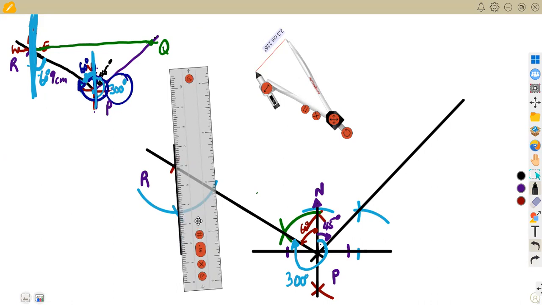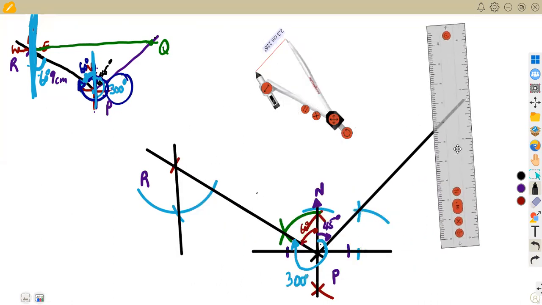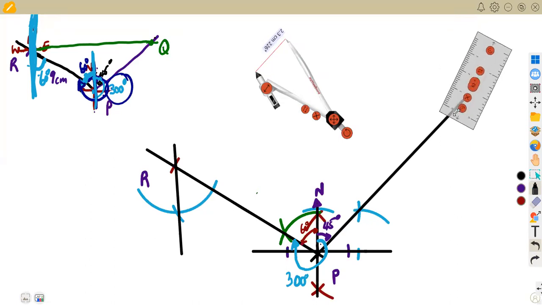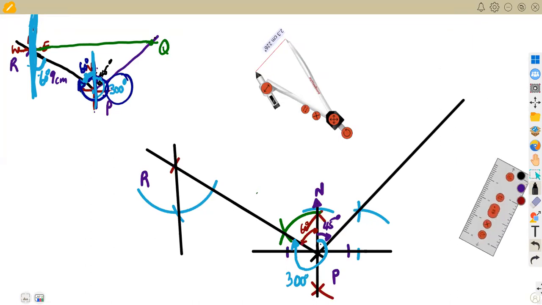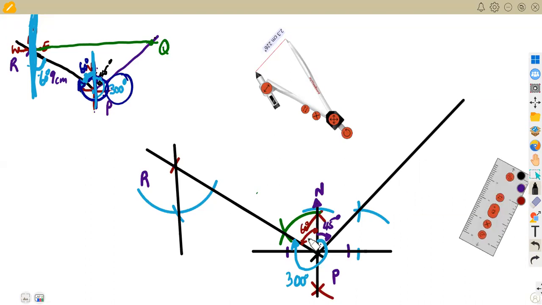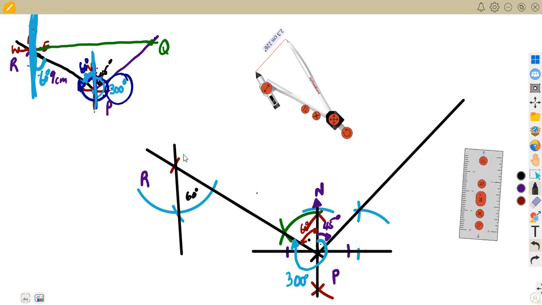We are having something like this. Exactly. This line that we are seeing, corresponding to this line here, will be parallel because this angle is 60 and this angle is 60 degrees. So definitely these two lines will be parallel to each other. That is the concept: this is a north pole.